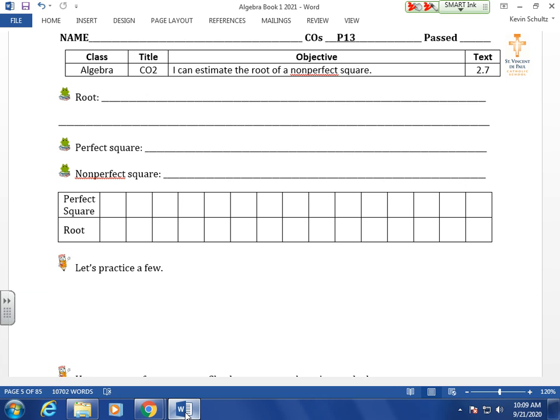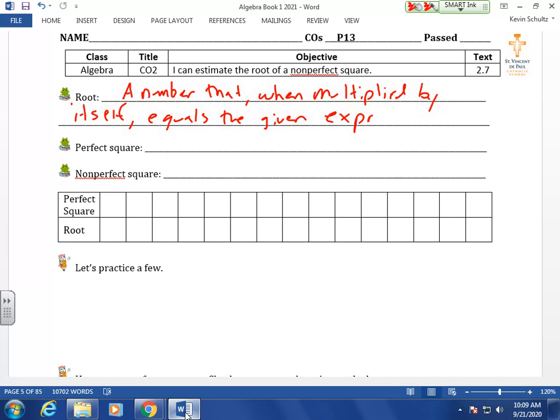A root is a number that, when multiplied by itself, equals the given expression.